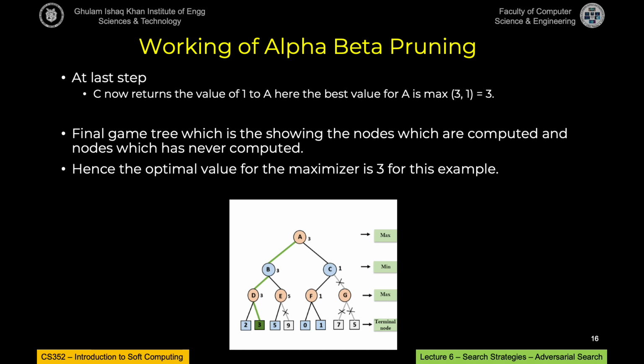For internal nodes, the value might change. But by running this, you have saved a lot of computation by not computing values for at least 4 different nodes.